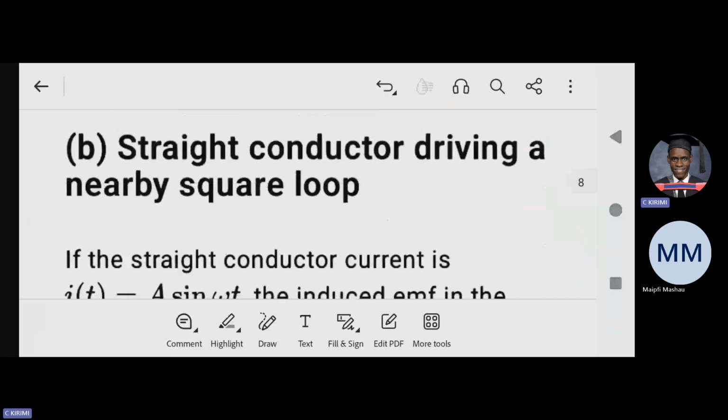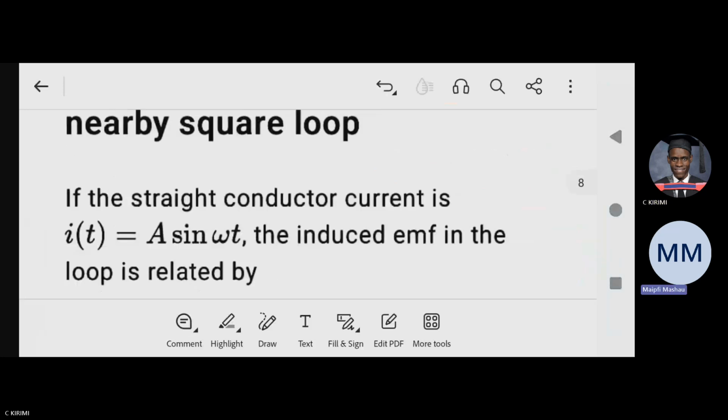All right. So a straight conductor driving through a square loop, if the straight conductor current is I of t, it's A sine omega t. We've already calculated it. A is the amplitude, which was 100, sine 1000 t.